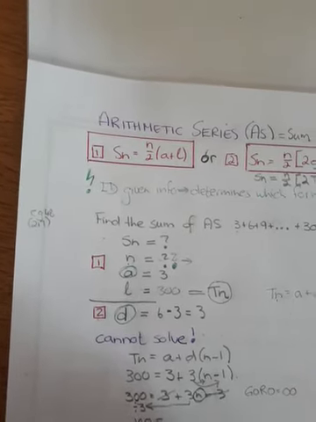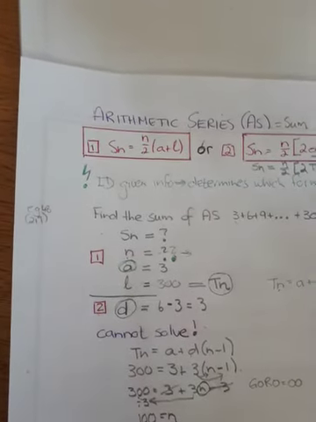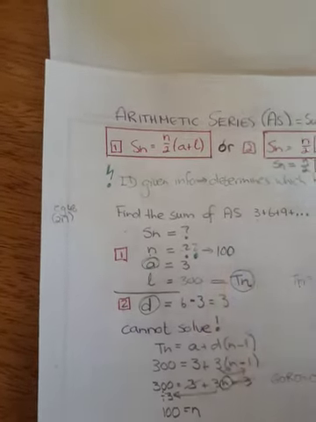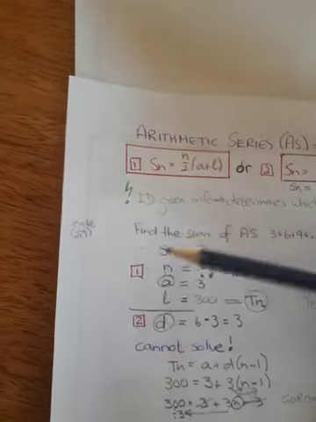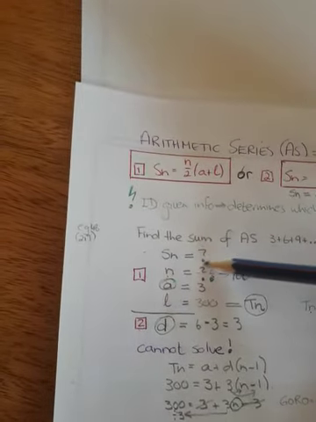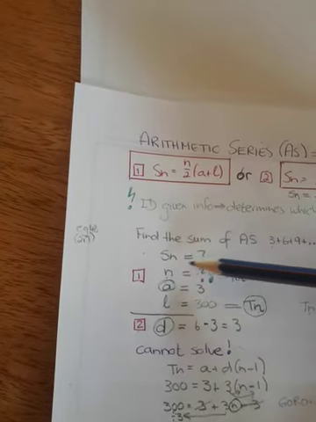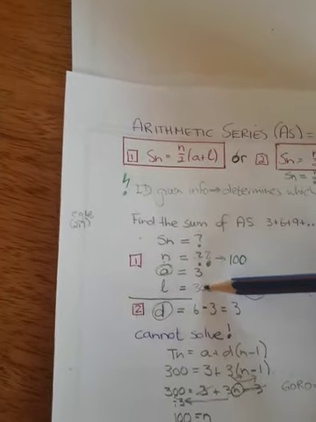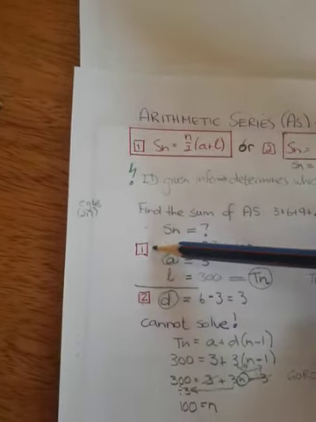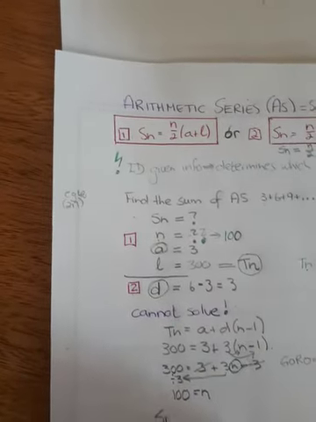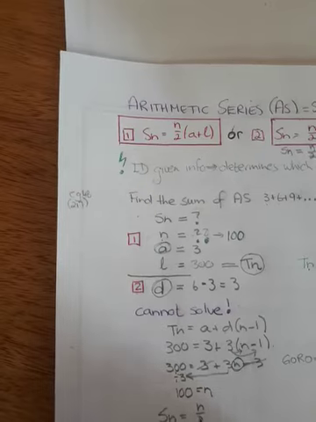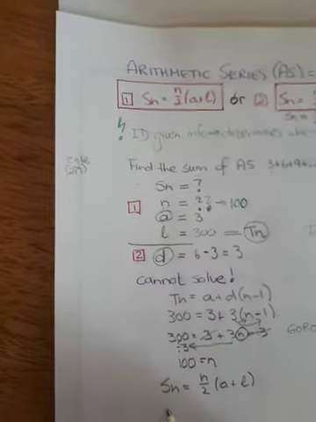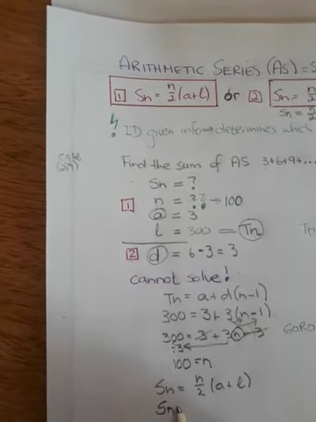So n equals 100. Importantly, here I now have 100. If you go back to your first formula, the sum is being asked. But now I've got a value for n, for a, and for L, the last term, which means I'm going to take my first formula, Sn equals n over 2 times a plus L. The sum is being asked, so that remains Sn.